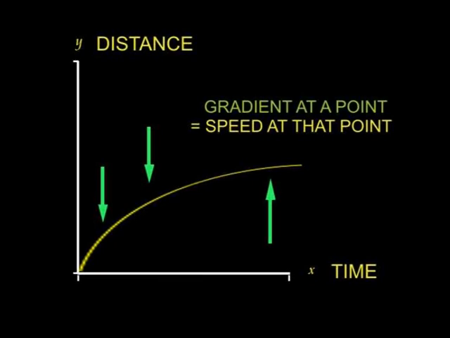If we are talking about speed, we are referring to change in distance over a specific time period, for example, kilometers per hour. If we are looking at speed, we are looking at the rate of change of distance with regards to time. Hence, we are looking for the slope or the gradient of the distance versus time graph.